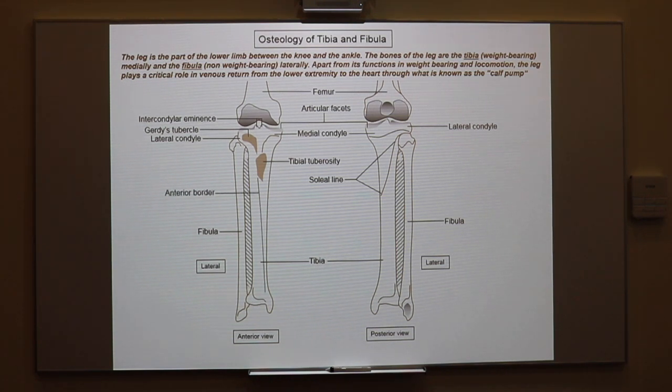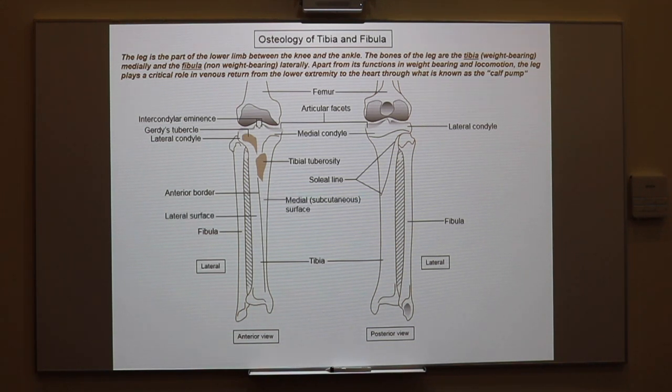Anteriorly, you can see the anterior border of the tibia, which separates the anterior medial surface of the tibia, which is subcutaneous, from the anterior lateral surface. So this is the anterior lateral surface, this is the anterior medial surface, and in between them is the anterior border of the tibia.